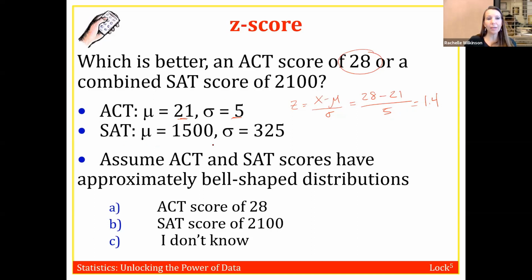Now I want to do the same thing with my SAT score. For the SAT, I'm going to take X minus mu over sigma. This time the X I'm interested in is 2100.